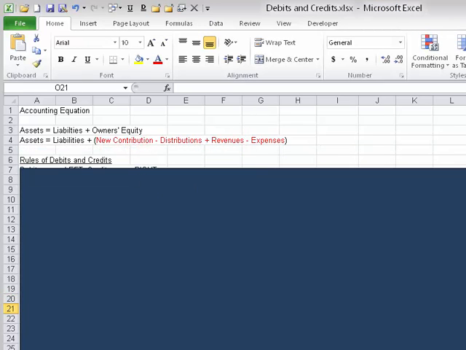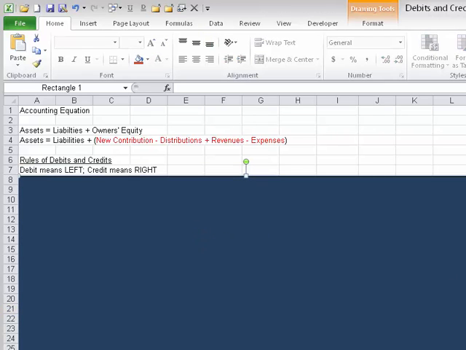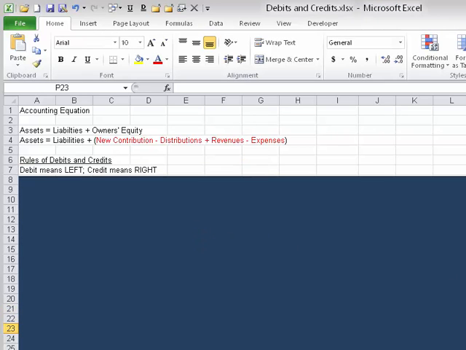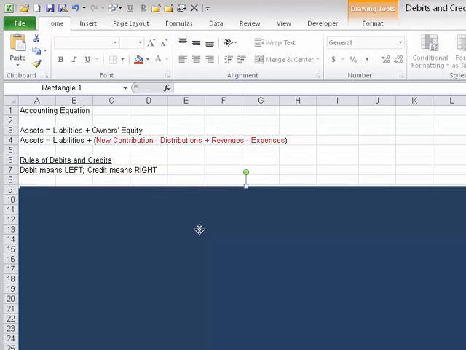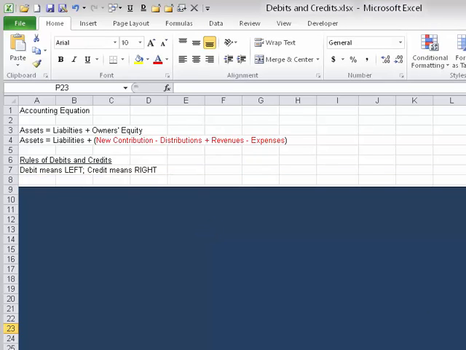So let's look at rules of debits and credits for the accounting equation. Debit means left and credit means right. That's just one of those items you have to memorize, or at least keep it on a note sheet so that you have it in front of you. As you work more and more with accounting, it will become obvious.